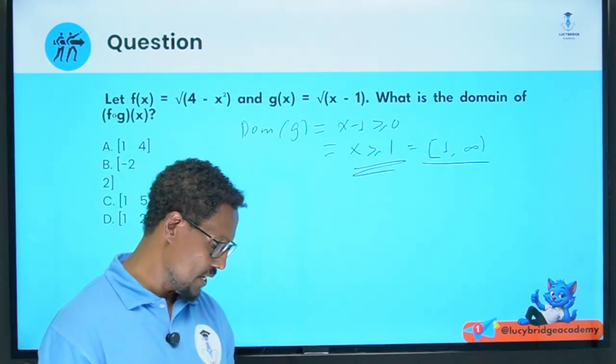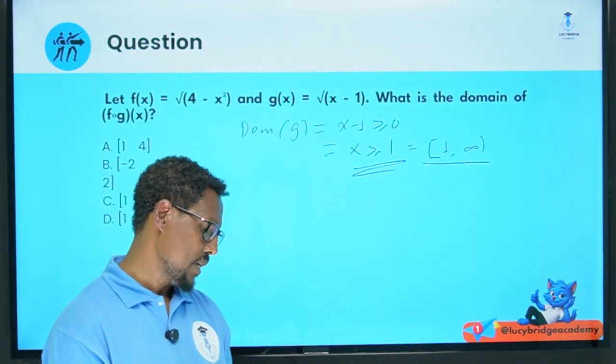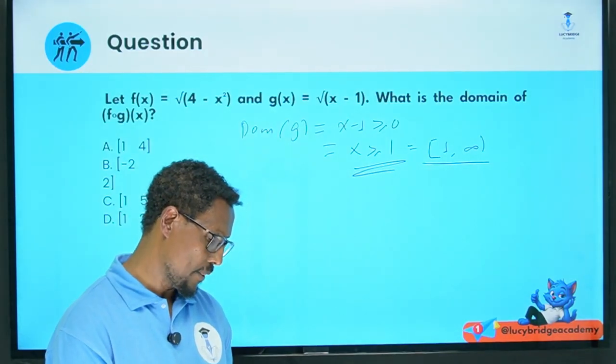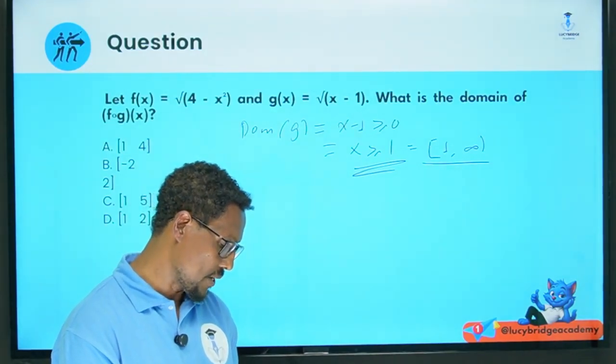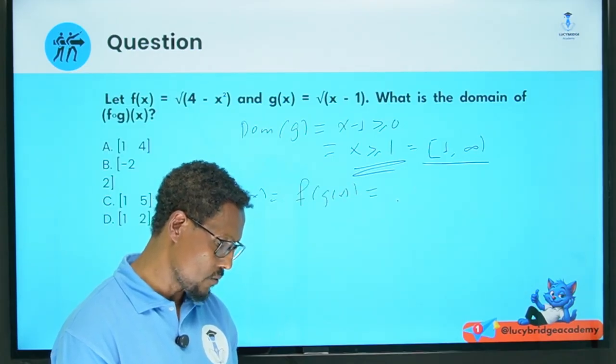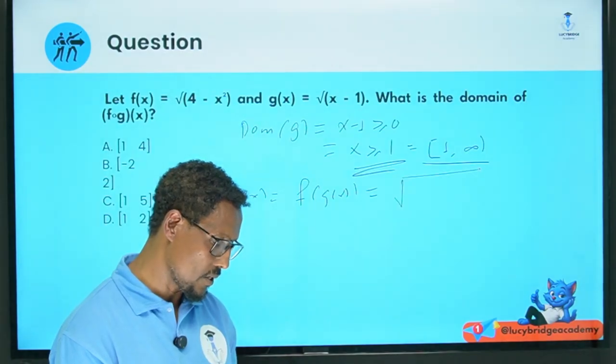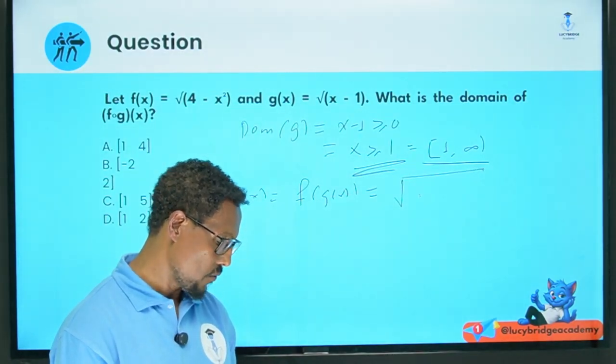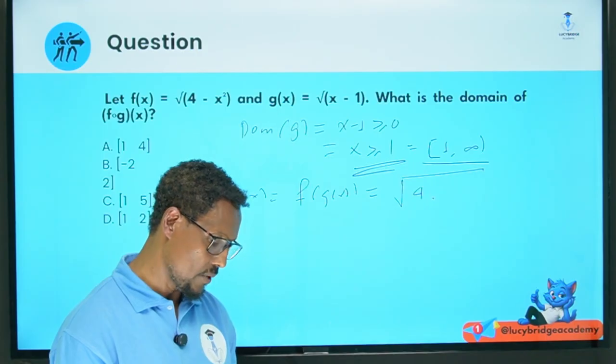Now let me find the domain of f circle G. First I have to find f circle G of x. This means f of g of x, which is equal to f, the square root of 4 minus x square, but x is g of x.